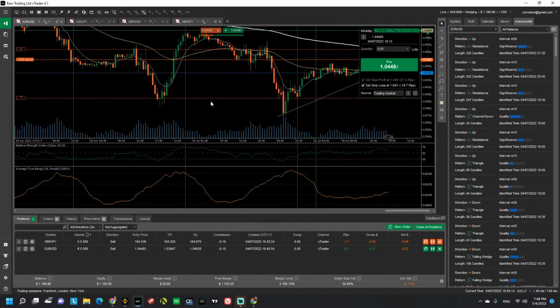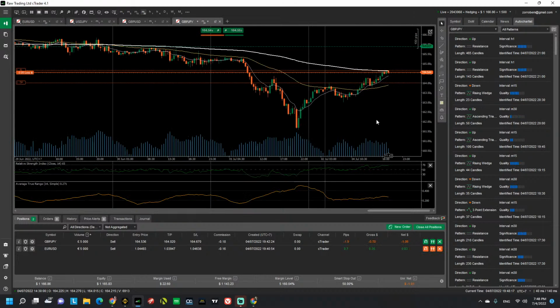For the pound JPY, okay, this is the 30-minute. Yeah, I'm just waiting for it to, actually this is the next support right over here.